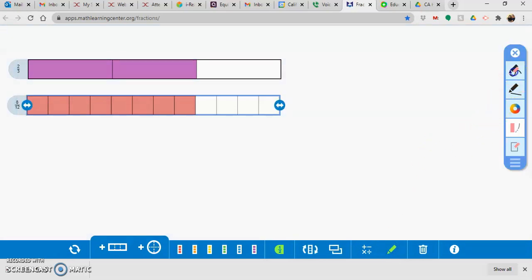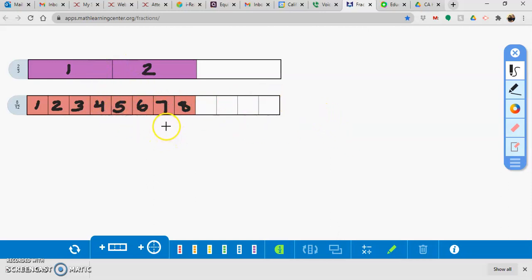So we've got 1 equal part, 2 out of 3 right there, and here we have 1, 2, 3, 4, 5, 6, 7, and 8. There you go. So 2 out of 3, 8 out of 12.